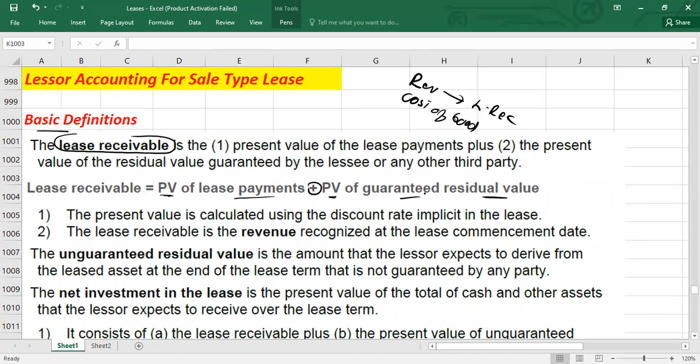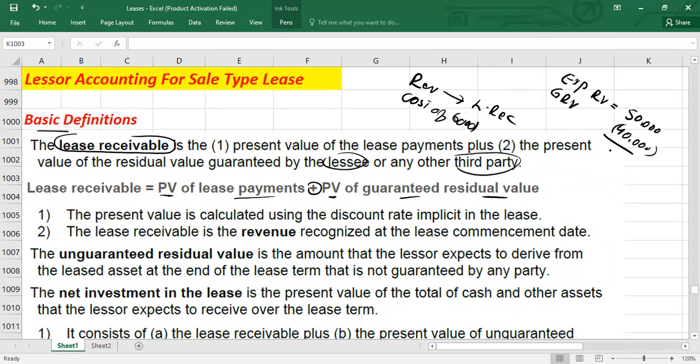Here, guys, you should remember, for example, if the total expected residual value which the lessor will derive at the end of the lease period is maybe $50,000, out of the $50,000 there is a residual value which is guaranteed by the lessee or by any other third party, for example $40,000.